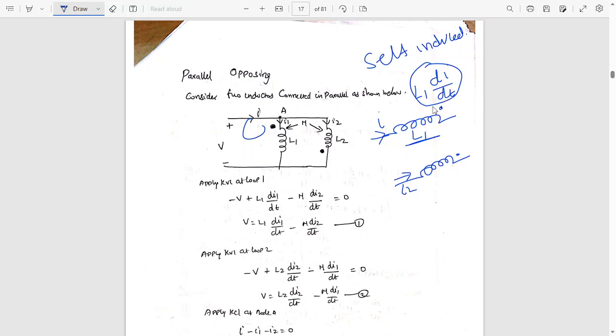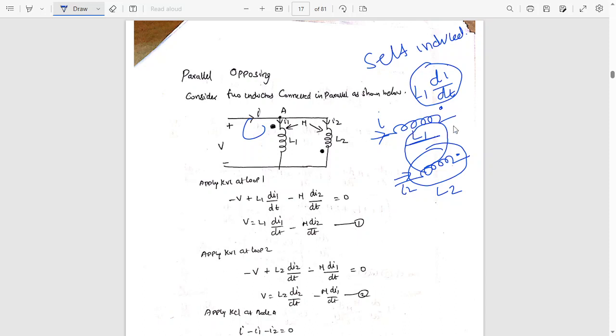The mutually induced voltage is due to the current flowing through the nearby inductor, which is in close proximity. Flux lines generated by that inductor will be linking the nearby inductor. Due to the current I2 flowing through the second inductor, which is L2, there will be a voltage induced across L1.